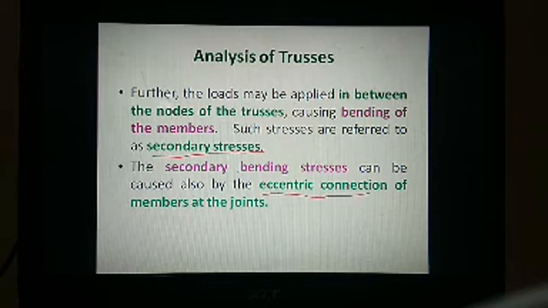Why? Because in roof trusses there is a possibility of eccentric loads being transferred to the node points, where bending stresses will be caused due to the eccentric connections. Not exactly by the lateral force, but due to the eccentric connections, your members are subjected to bending also, which we consider as secondary bending stresses.